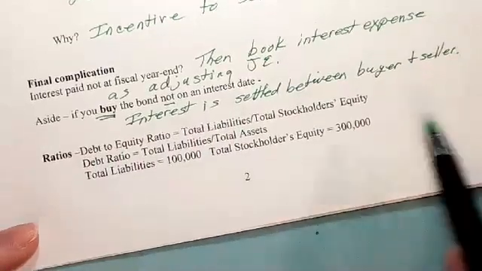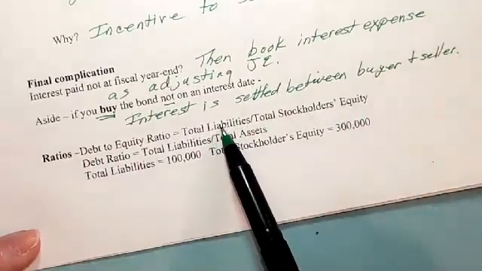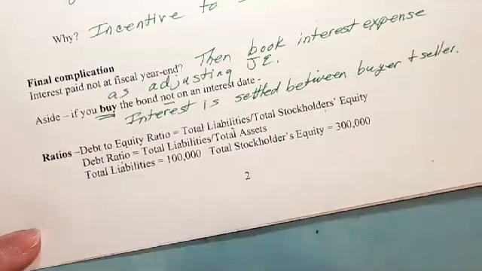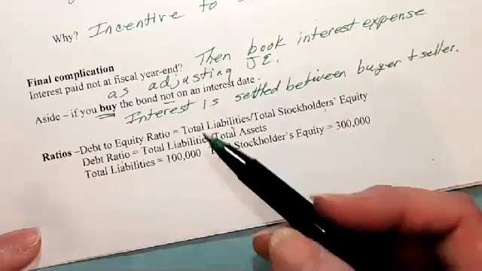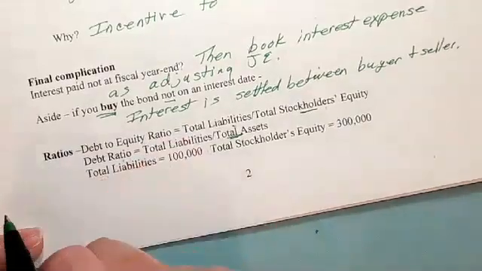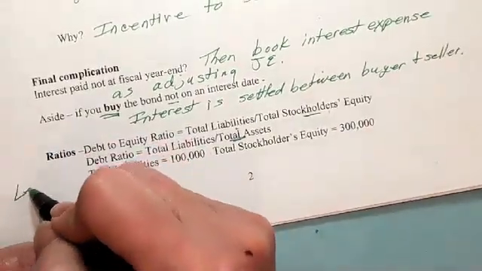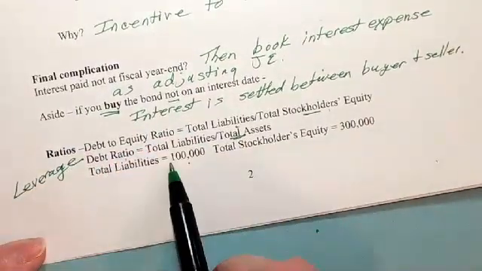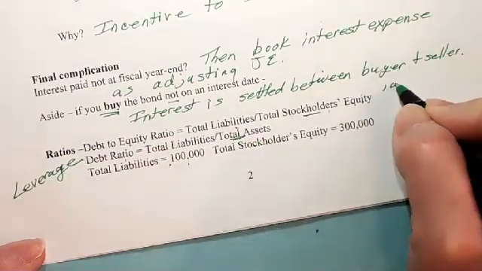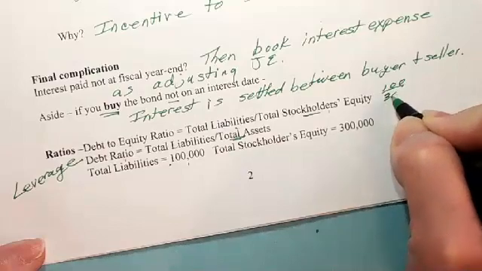The ratio in this is the debt equity ratio, total liabilities divided by total stockholders' equity. Just wanted to contrast that. In a prior chapter, you did the debt ratio. The difference is the denominator. They're both telling you the same thing. They're both measuring leverage. How much debt do you have? If you were doing the debt equity ratio, you'd have 100 over 300.